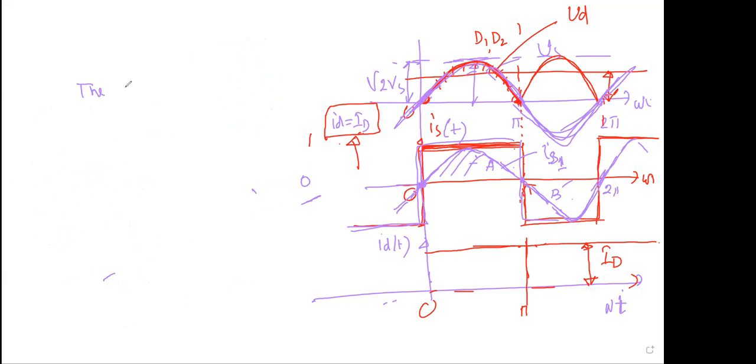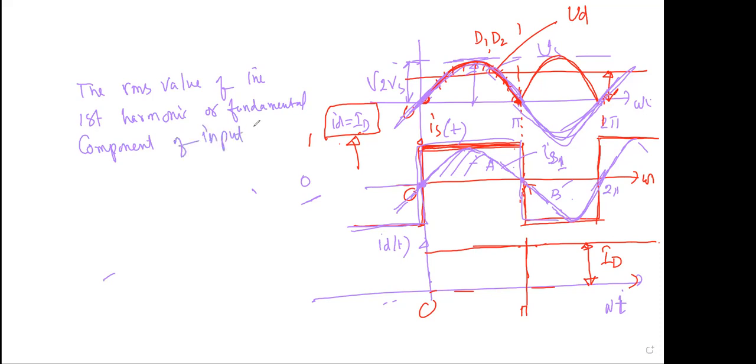the RMS value of the first harmonic or fundamental component of input or source current will be then how much in terms of output current?